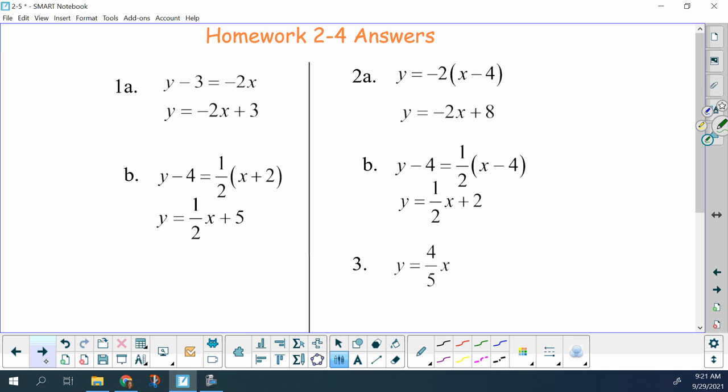It looks like we need to go over number 3. Notice with all of these, except number 3, I wrote them in either point slope or slope intercept form. Other than 3, are there questions? Emma.